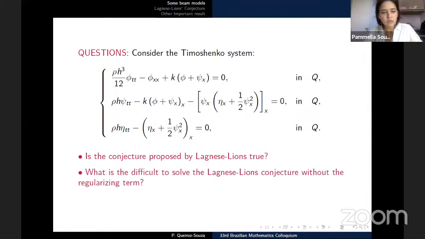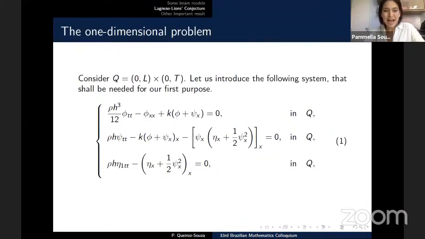The second one is what is the difficulty in solving the Lagnese-Lions conjecture without the regularizing term. And now I am on my way to prove that the convergence is true, but keep calm. Let's understand what happens in the one-dimensional case.